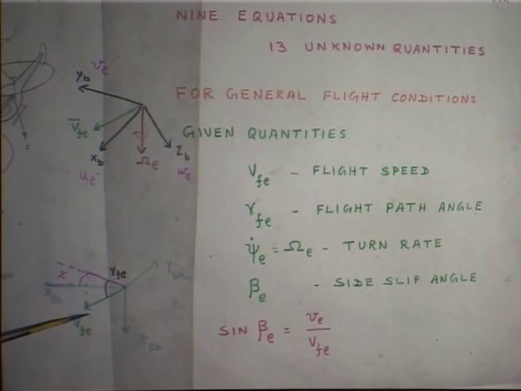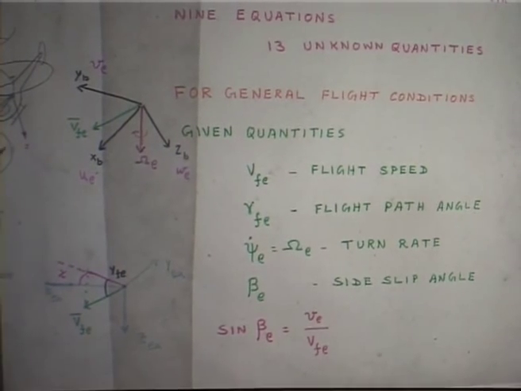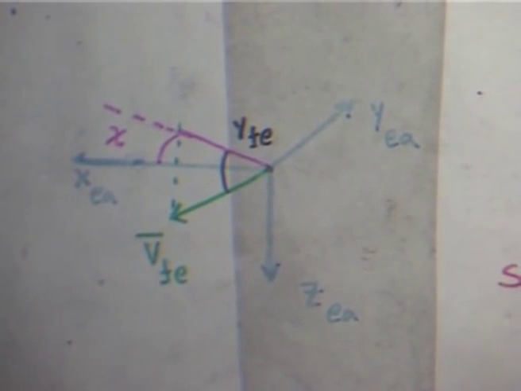The angle between the velocity vector and the horizontal plane is the flight path angle. And then you project it, and the angle between the projected vector and the x earth, you call it as a chi. Just put some, because that will come later.